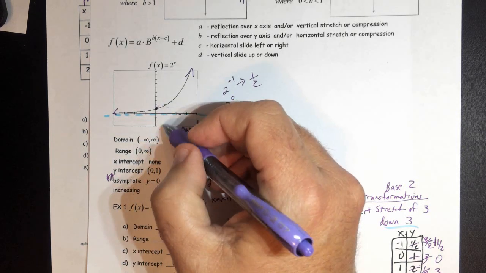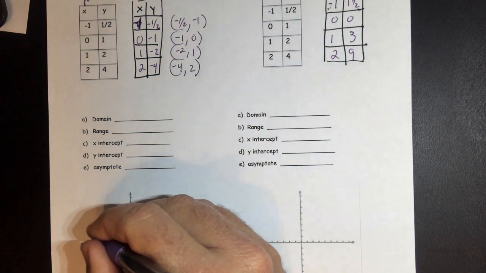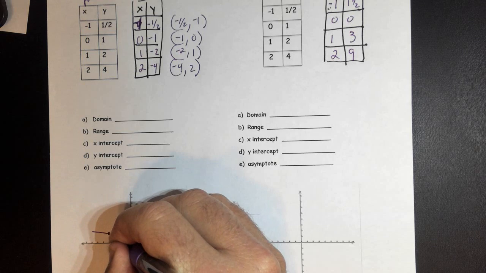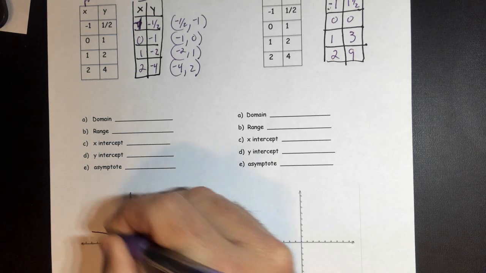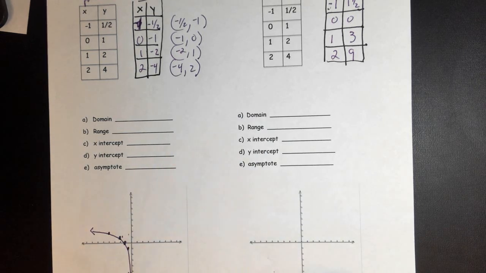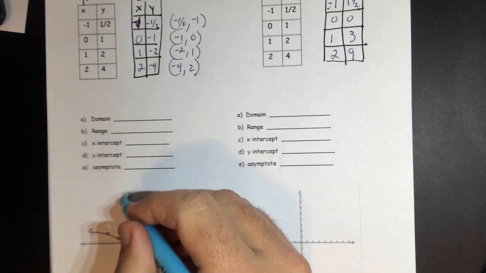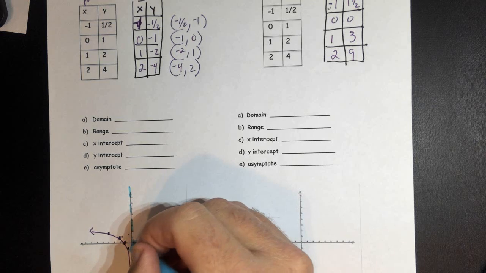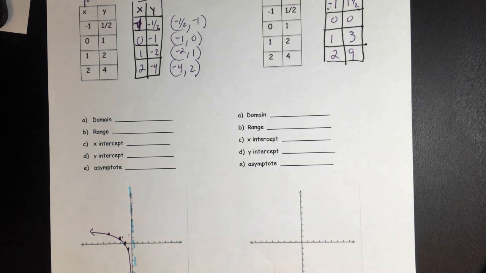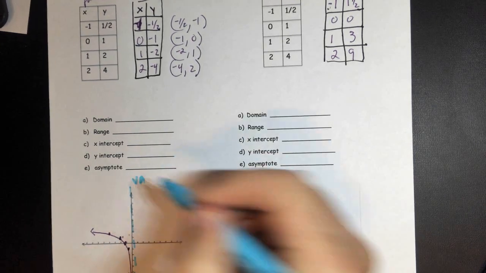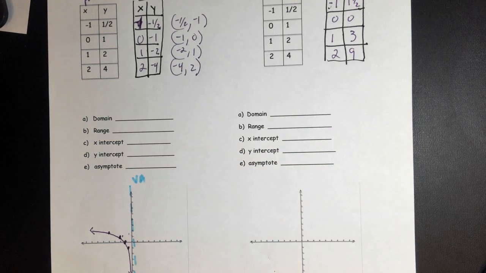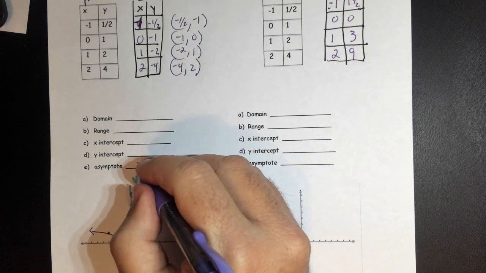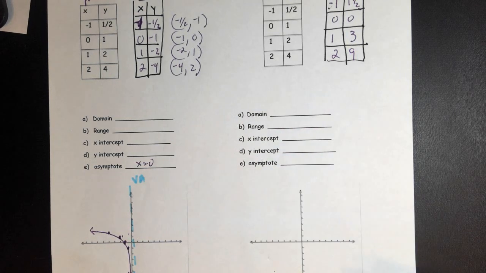It's going to reflect diagonally, so instead of here, this is going to get larger and larger as we go on this side. What's going to happen is we're going to have a new asymptote. My asymptote now changes to a vertical asymptote, at x equals 0 instead of y equals 0.